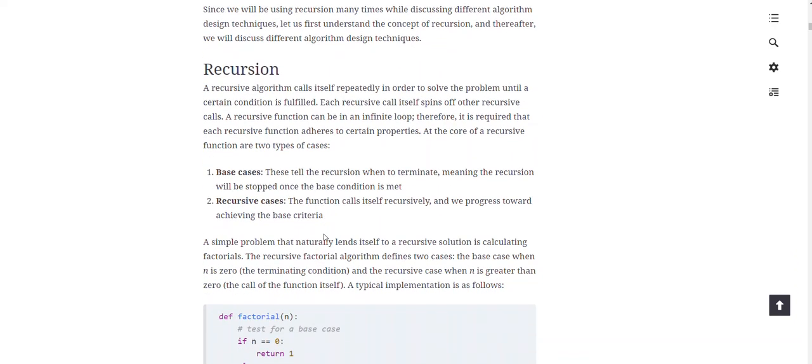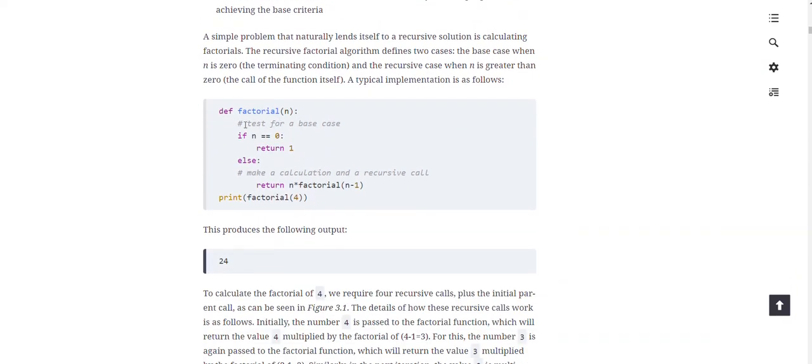And here's an example. We've got this factorial, we pass it n. In here, we call factorial again, but we pass it n minus 1. So the subset's one smaller. If we started out with 4, we return n times factorial of n minus 1, so we pass factorial 3.